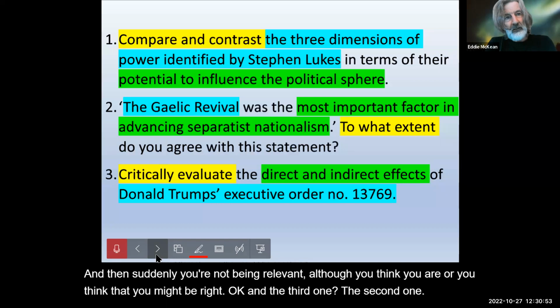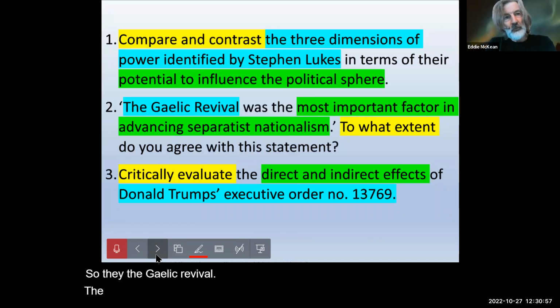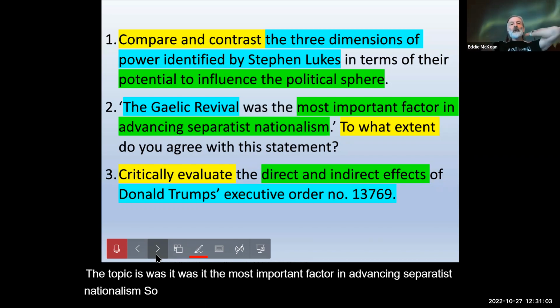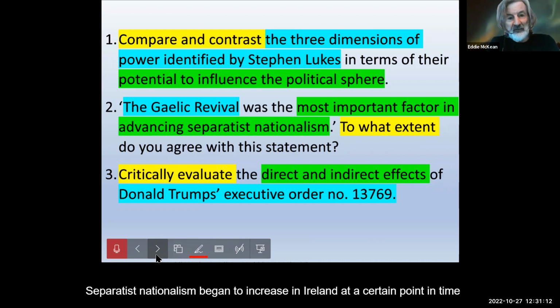So with the Gaelic revival, the question is, was it the most important factor in advancing separatist nationalism? The important part here is that separatist nationalism began to increase in Ireland at a certain point in time, in 1910.